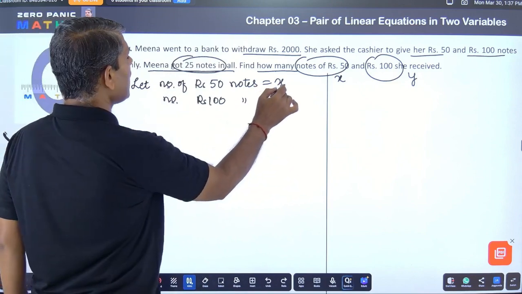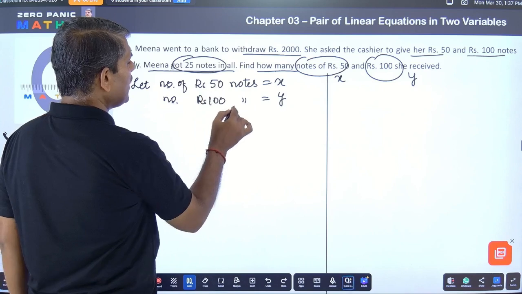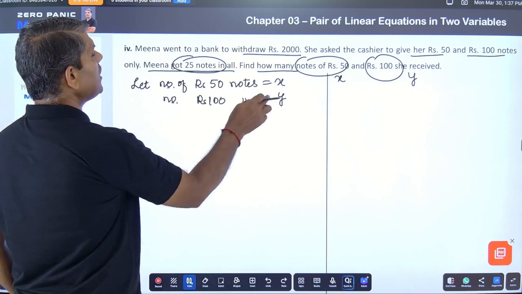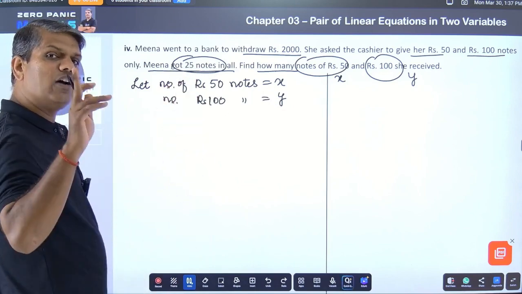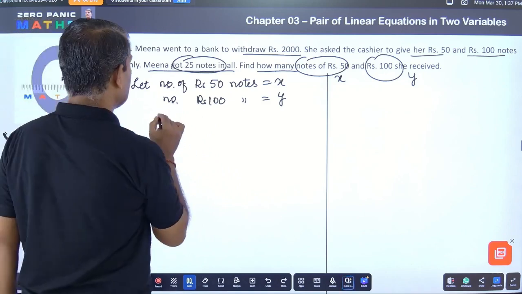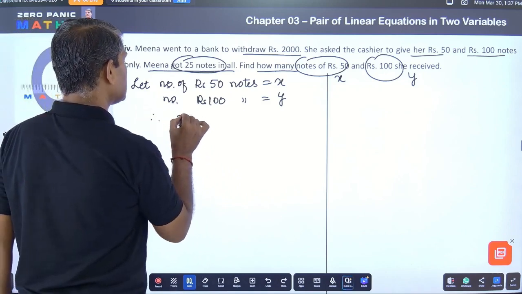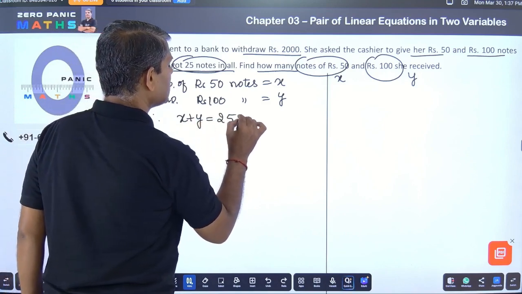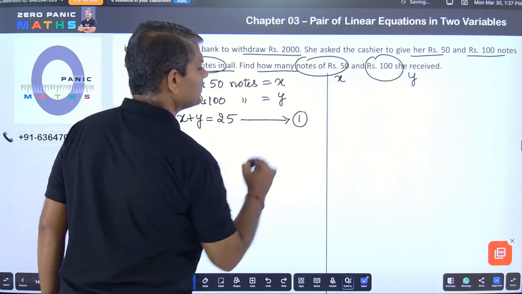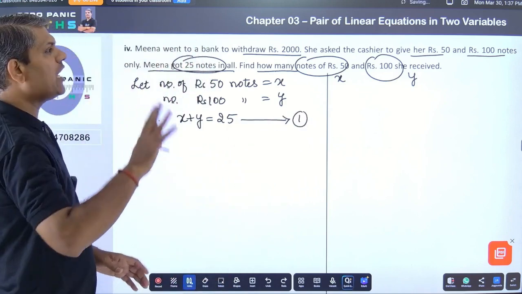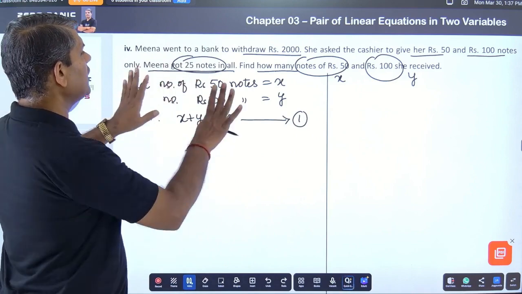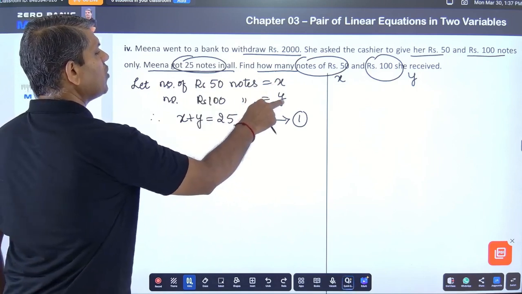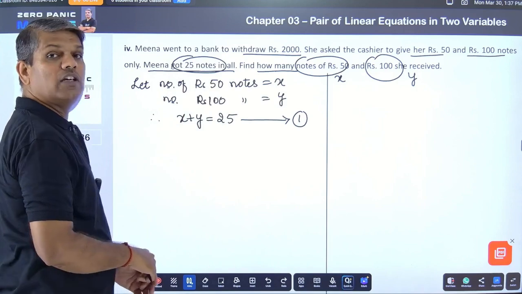If x is the number of 50 notes and y is the number of 100 notes, then x plus y is equal to 25 is one thing that is given. Therefore x plus y is equal to 25 is one equation for me, because the total number of notes she got is 25, and x is the number of 50 notes and y is the number of 100 notes.